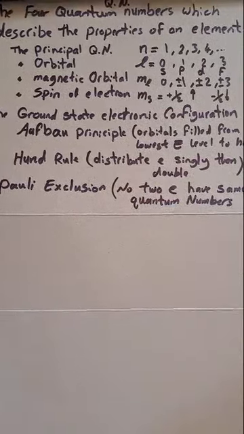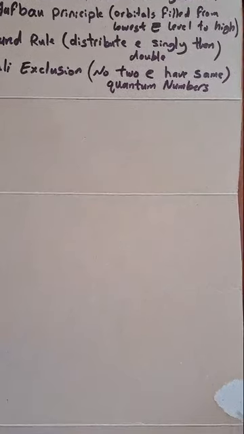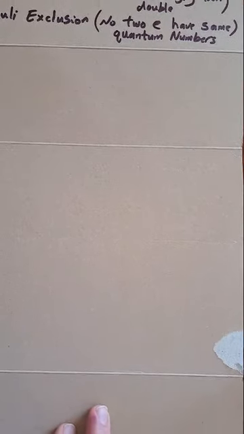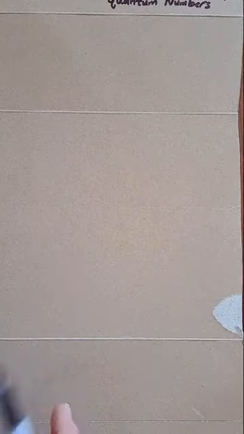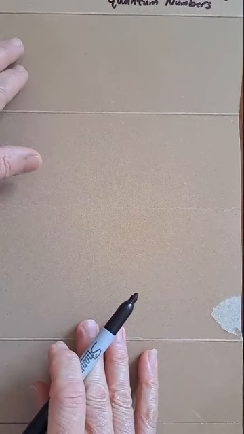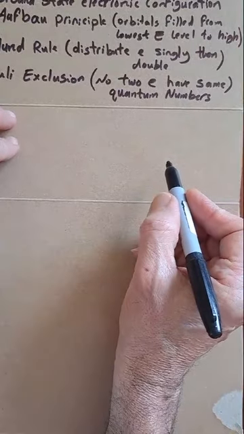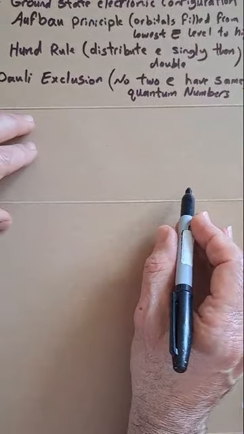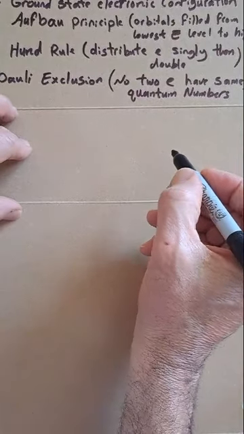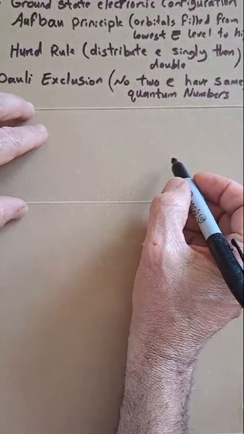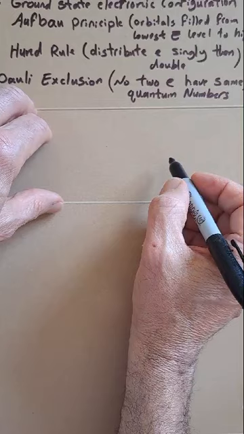Now, the second thing we need to know is how to distribute the electrons. If you want to distribute the electrons, we need to memorize how to put the orbitals and suborbitals in order.